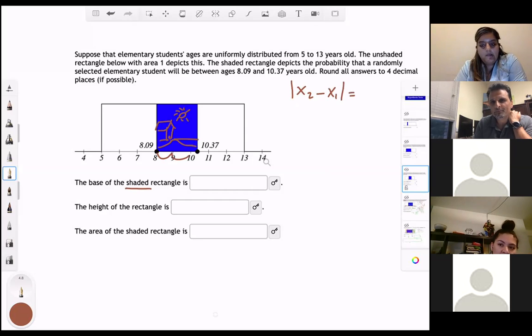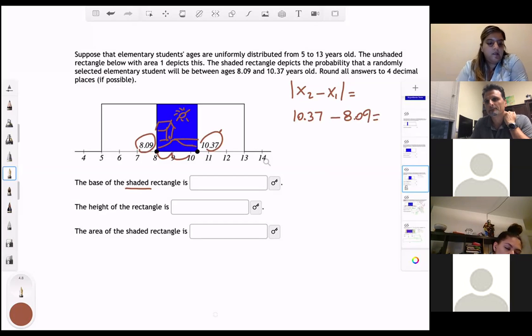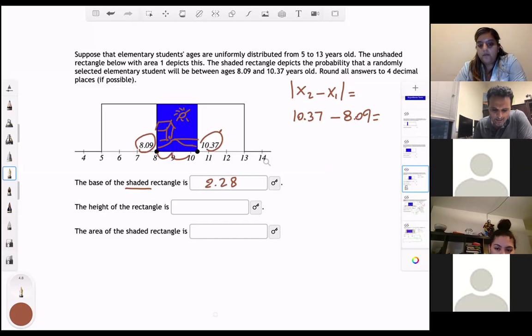If you put absolute value, it doesn't matter if you subtract this minus that or that minus this. It gives the same answer. If you use the endpoints, you put 10.37 minus 8.09. What do we get? 2.28. So we cannot make it a fraction. The decimal is okay.